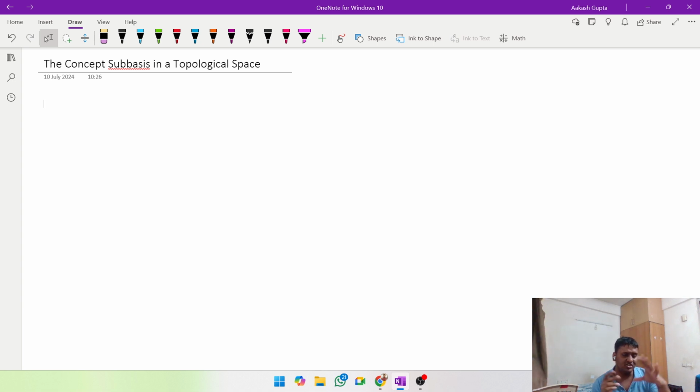In general, in a topological space, the collection of all open sets, that is what you call topology, is a very huge collection, right? So the idea was to understand the whole structure, the whole collection topology, with some less or reduced number of sets, right? A similar kind of motivation we can give for subbases too.